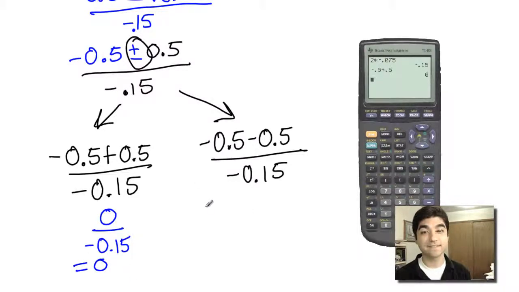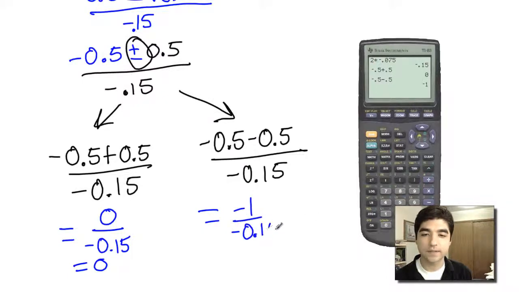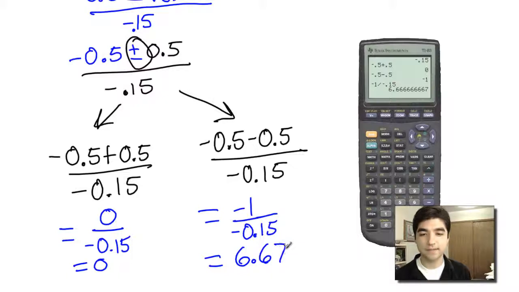So on the left hand side you have 0, which makes sense. I'll let you know why in a second. On the right hand side, negative 0.5 minus 0.5 equals negative 1 over negative 0.15, and that equals 6.67.